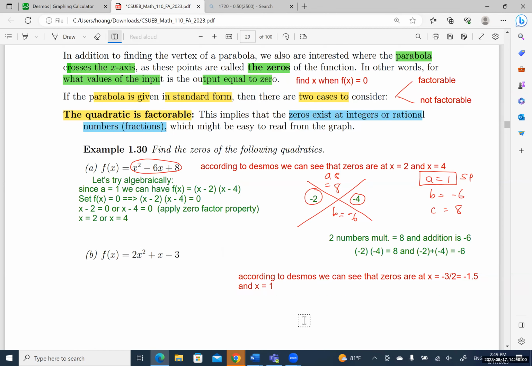So let's keep going with the AC method as I showed you above. Let's try it algebraically.